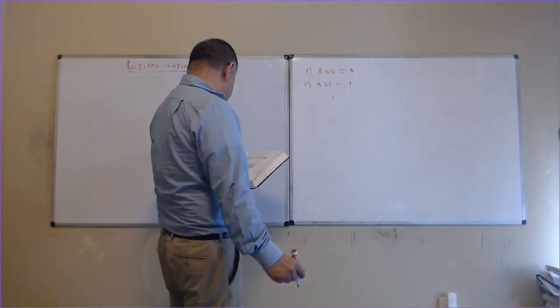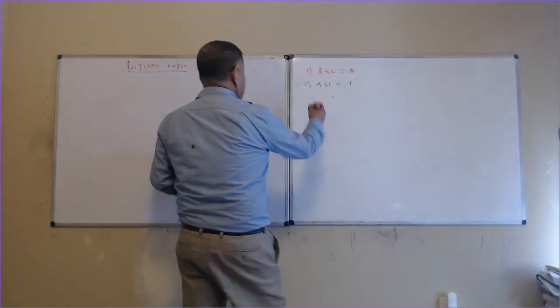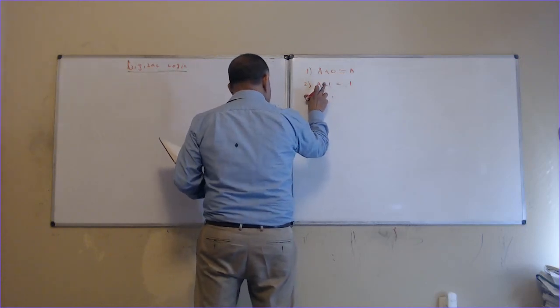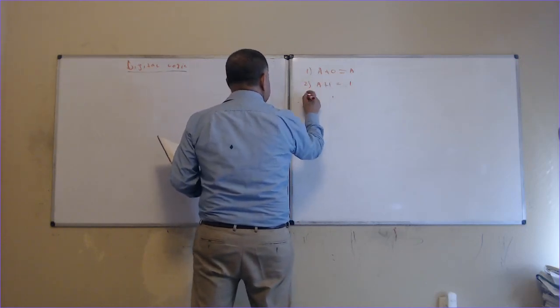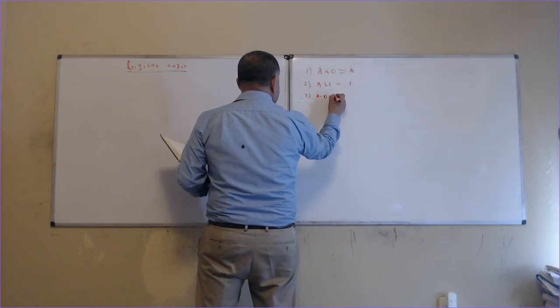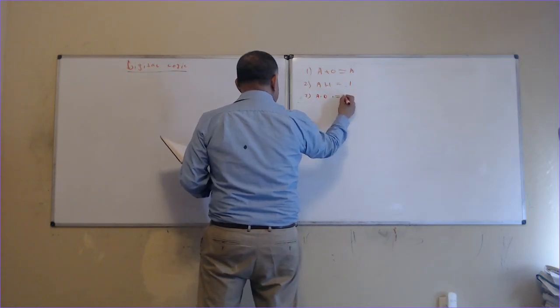Now the next rule is a multiplied with zero is equal to zero, right?